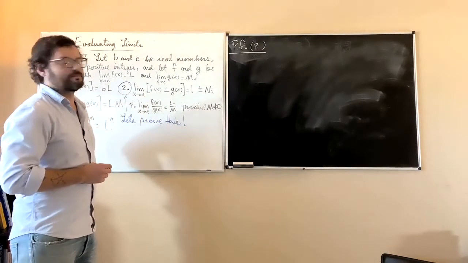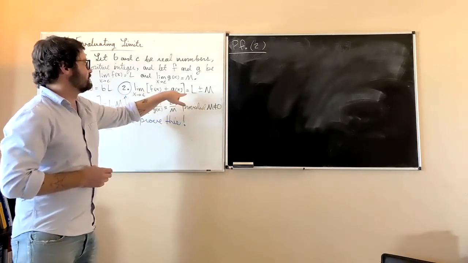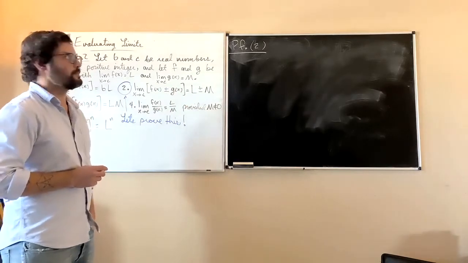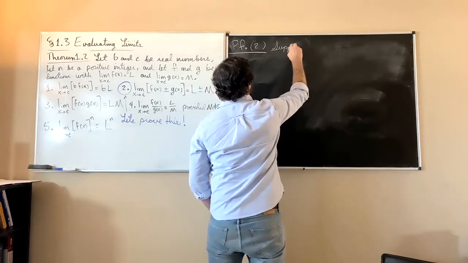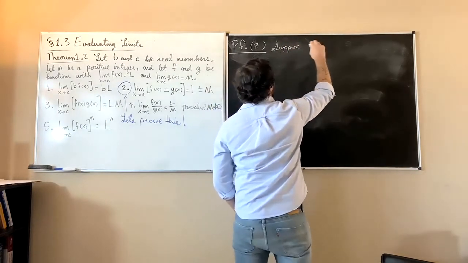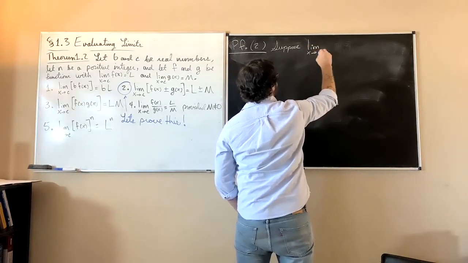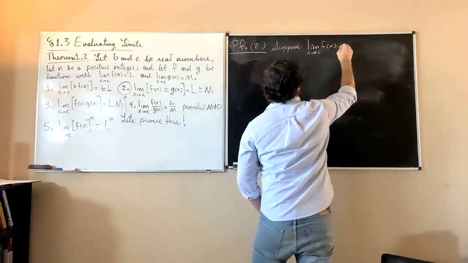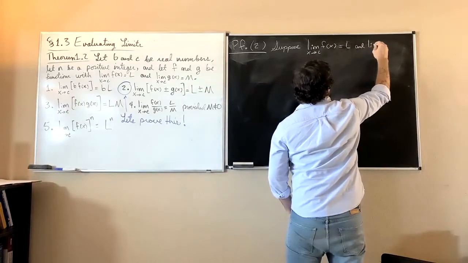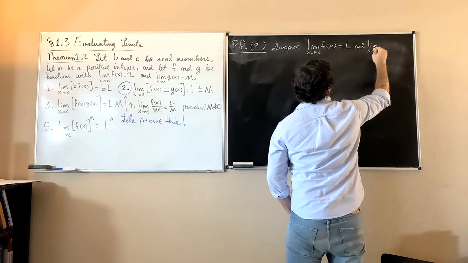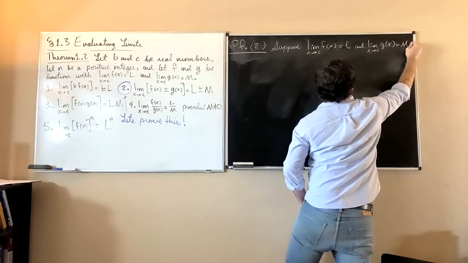We're supposing that the limit of f is L and the limit of g is M. So suppose the limit as x approaches c of f of x is equal to L, and the limit as x approaches c of g of x is equal to M.